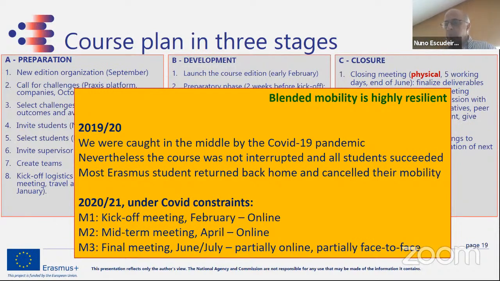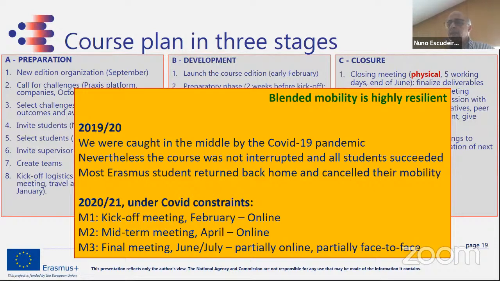But what is important to stress here is that our students concluded their course, while most, not to say 100%, of the other students that were doing their Erasmus mobility at ESEP, at IPP, had to cancel it in the middle of the process and come back because of COVID. So this, in fact, is also overcoming this type of barrier.